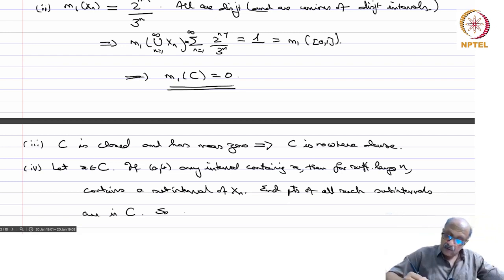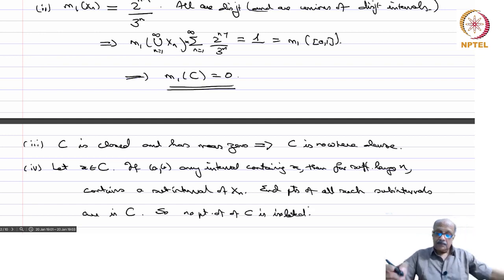So no point of C is isolated, because in every neighborhood you can find points in C again.